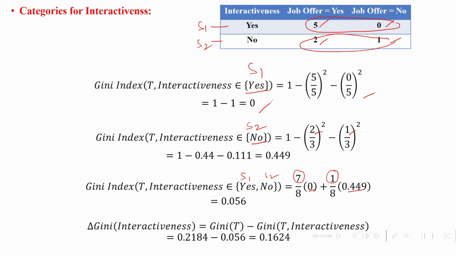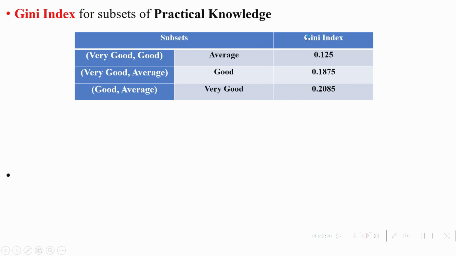Now we are going to find the delta Gini value. The delta Gini of interactiveness equals Gini of the target variable minus Gini of the target variable with respect to interactiveness, that is 0.2184 minus 0.056, equal to 0.1624.